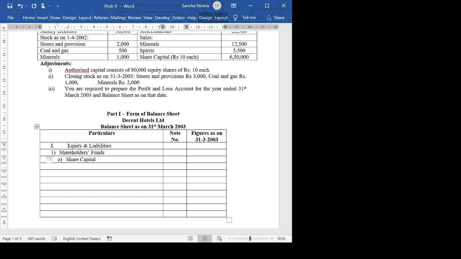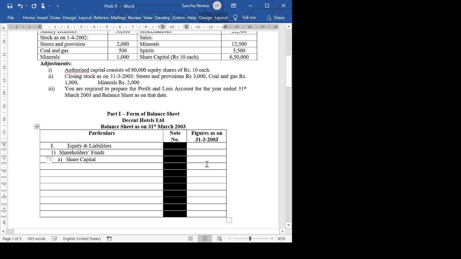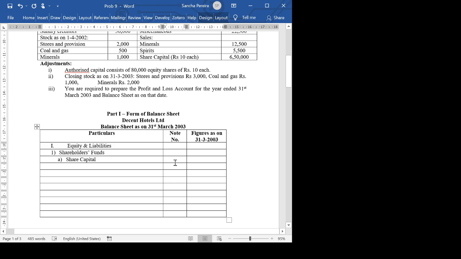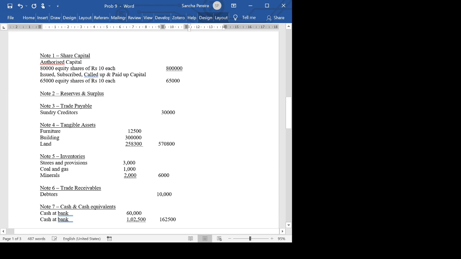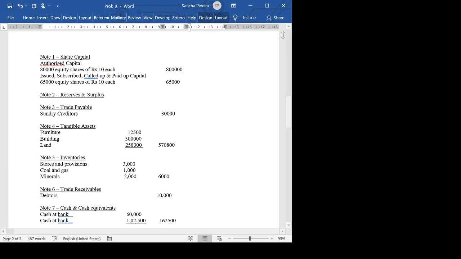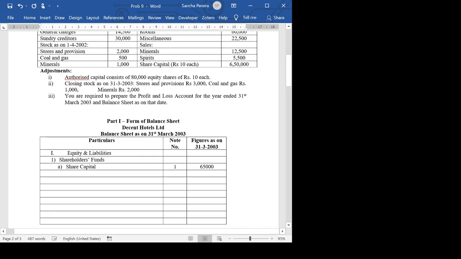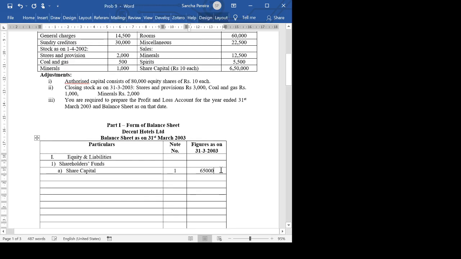We already know share capital. The note number is 1 and the amount is 6,50,000. 6 lakhs, sorry, I put it as 65 here. It's 65,000 equity shares of rupees 10 each. 6,50,000.